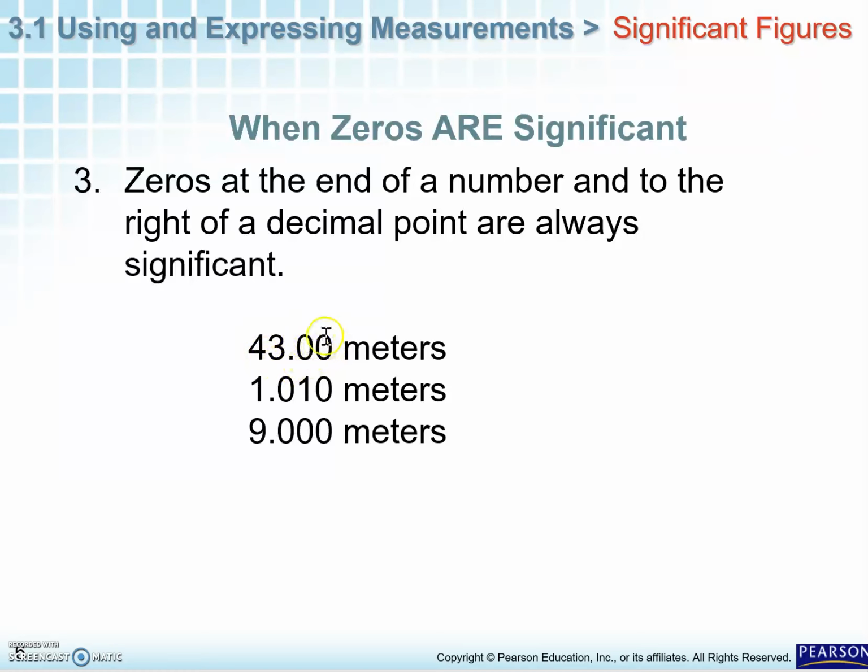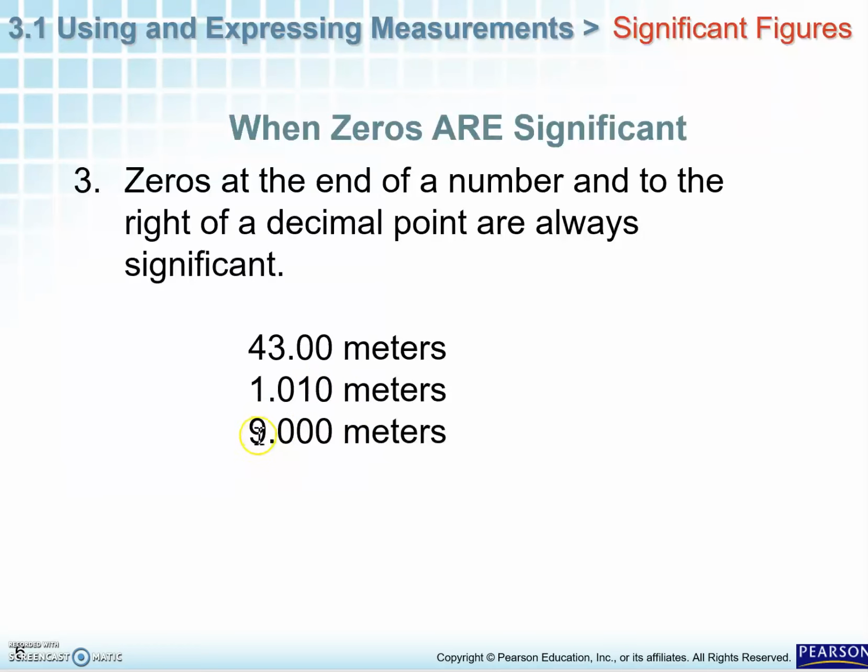That shows me that these two zeros are significant. Here we have 1.010. We know that this 0 must be significant because it is sandwiched in between two non-zero numbers. And we know that the final 0 is significant because it's to the right of the decimal point, all the way at the end.